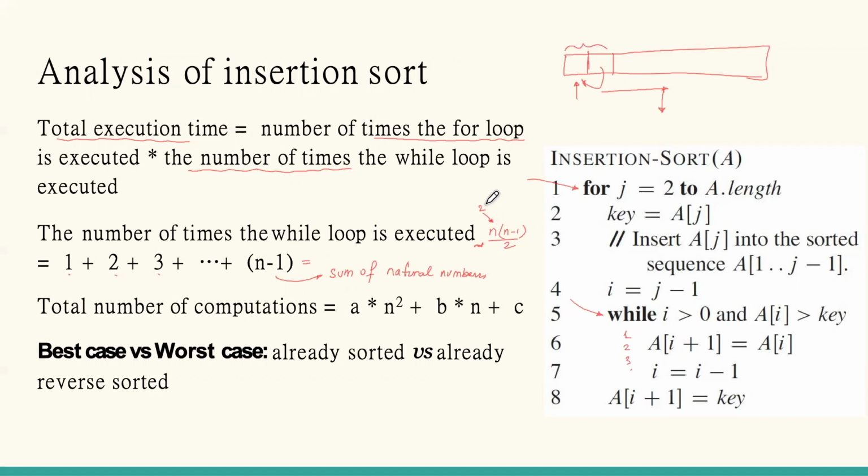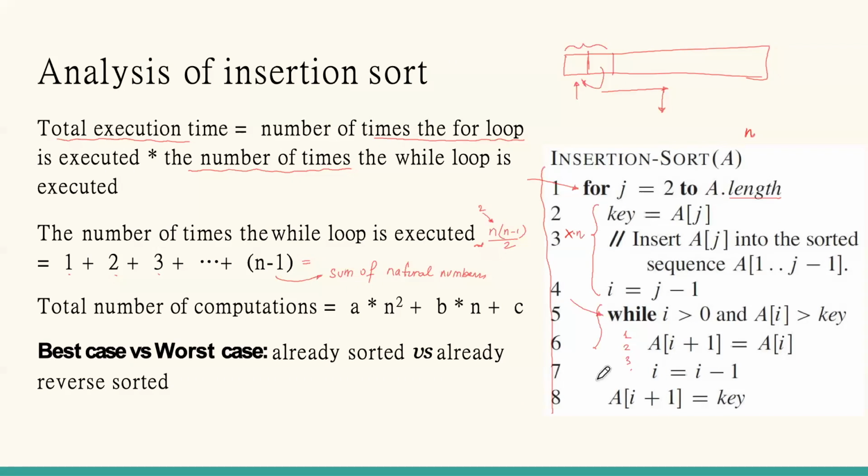Now if we look at the running time of the entire insertion sort algorithm, where A.length or n is the number of items in the list, let's say this part takes X time. Since we do this for each item, the time taken by this part will be X times n.